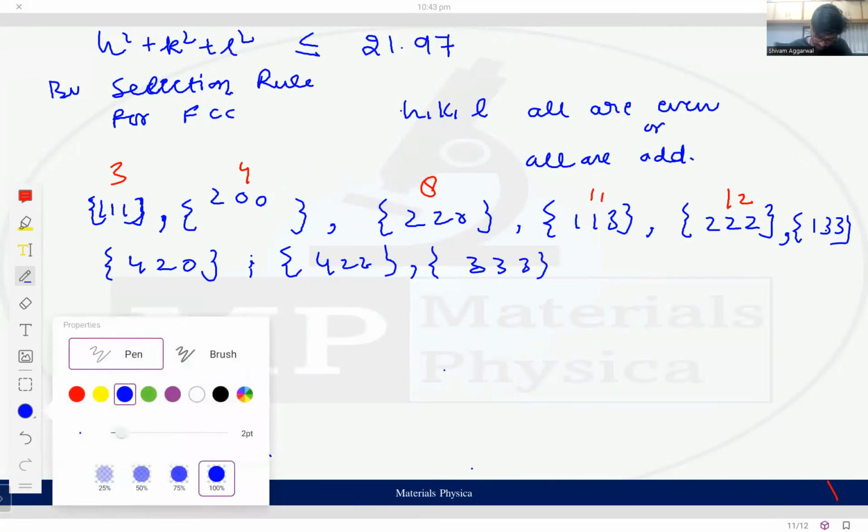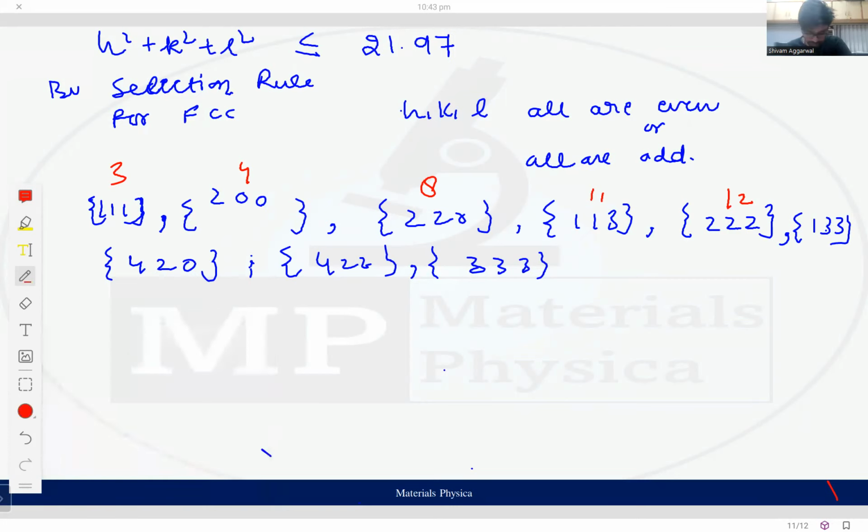And if I see the total of h square plus k square plus l square, for 331, 3 squares are 9 and 8 is 17, and for 420, 4 is 16 and 4 is 20, and for 422, 4 is 16 and 8 is 24, and for 333 it is 27. This is the value of h square plus k square plus l square.